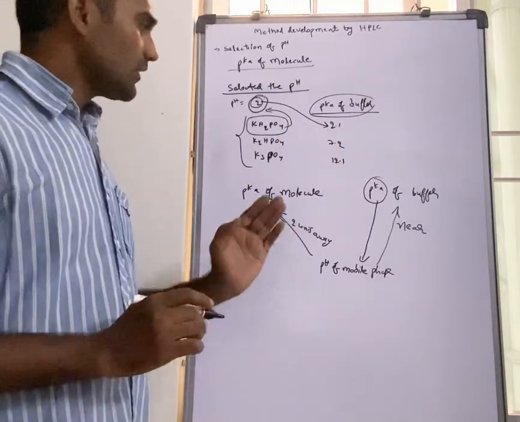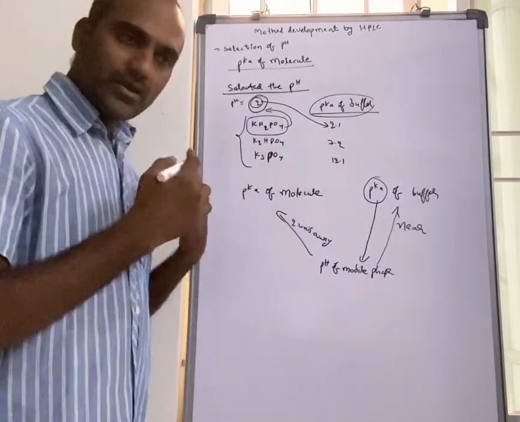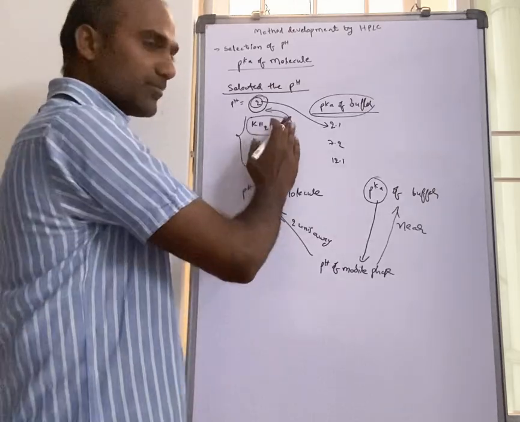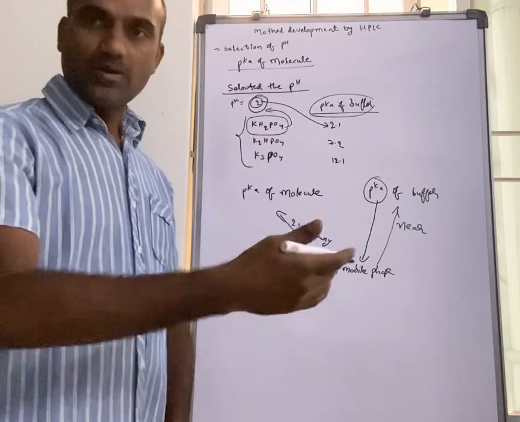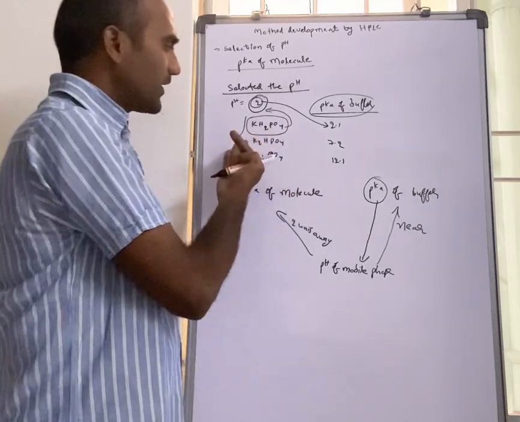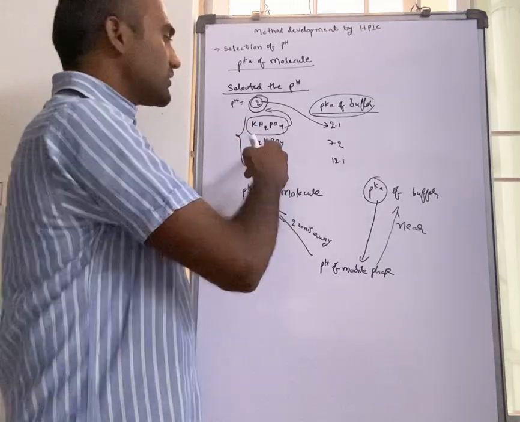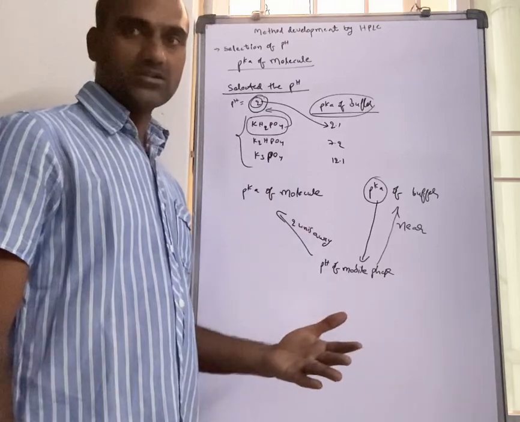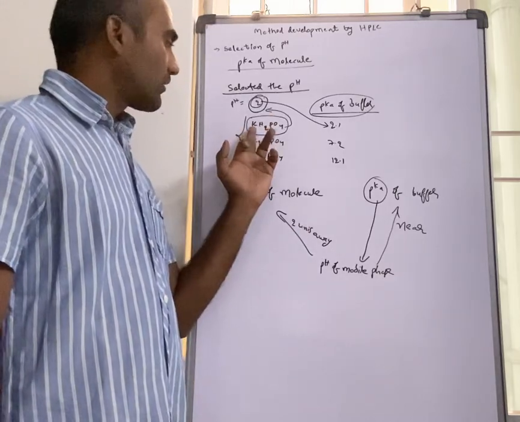So many buffers are available in our lab, and we may sometimes get confused. Apart from this, sodium phosphate is there. Comparing sodium phosphate and potassium phosphate, potassium phosphate is somewhat better because the electrons in potassium are farther away from the nucleus.